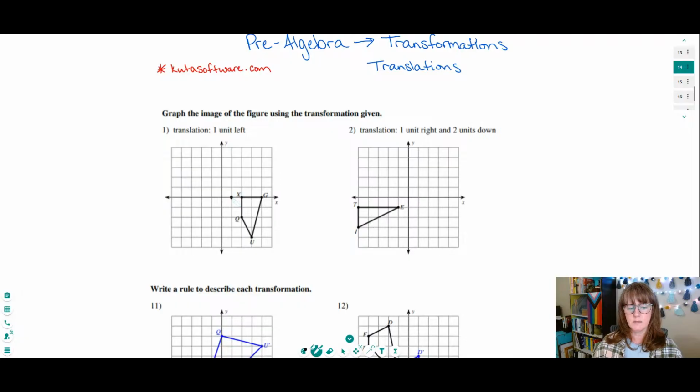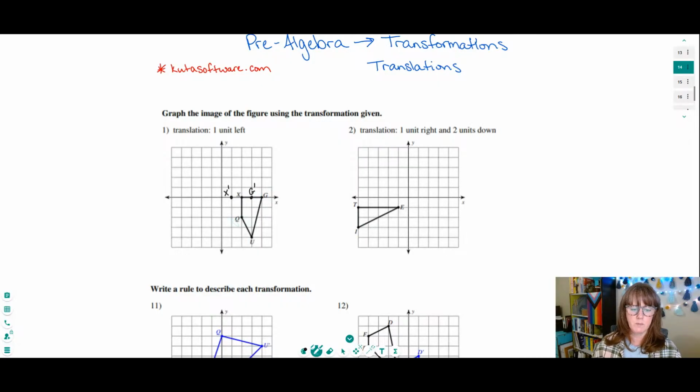So now this new point, we're going to write as X prime. This little mark here kind of looks like an apostrophe. That's what we call, we say prime when we are using that mark. And then for G, we're going to mark our new image point as G prime. So just 1 unit over to the left, 1 square over.